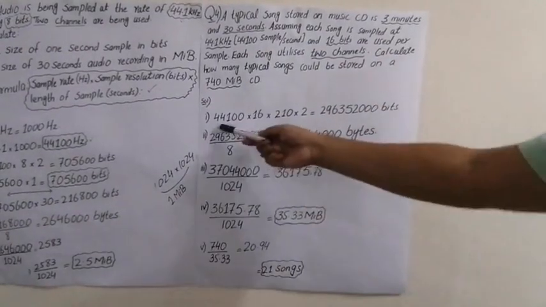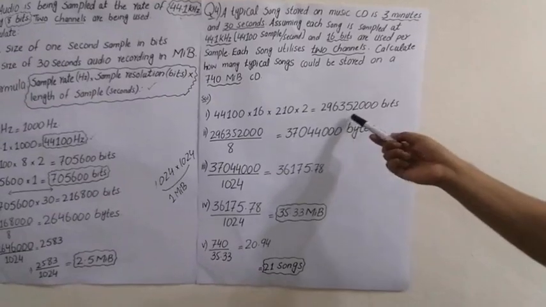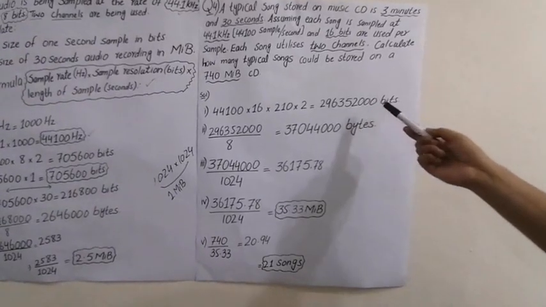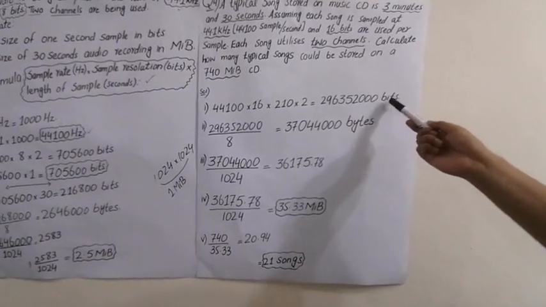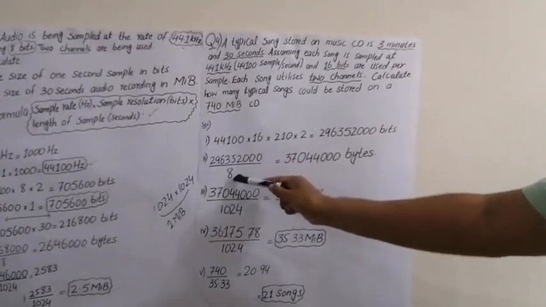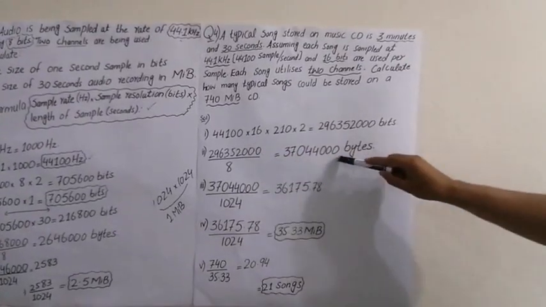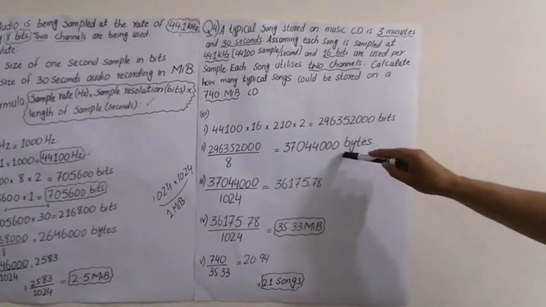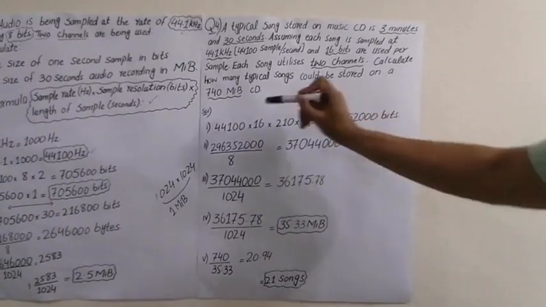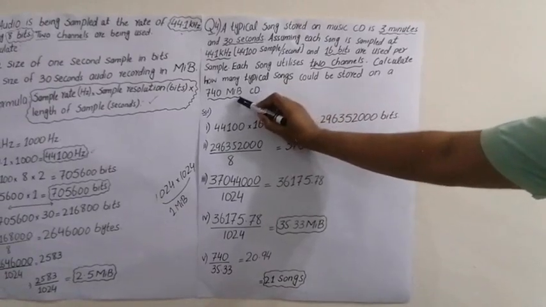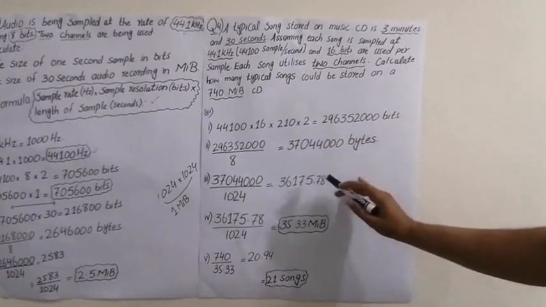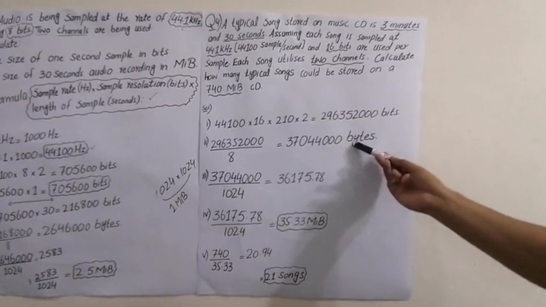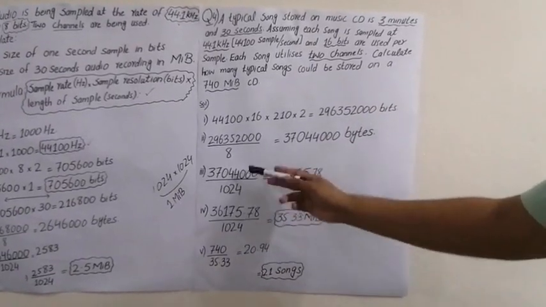When you multiply these values, that will be equal to this value here in bits. Then you have to convert the value of bits into bytes by dividing it by 8. Here you have the value in bytes. Then as you have to convert your answer into MB, for that you have to divide this value of bytes by 1024 two times.